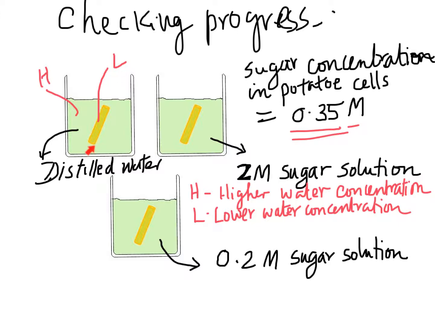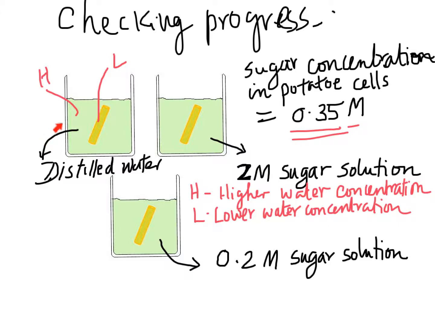Now it's easy to predict what will happen. Water has to move, or will move, from an area of higher concentration to an area of lower concentration. So it will move inside the cells. The effect of that is, after a while, say an hour or two, if you weigh the mass of the potato cylinder that you cut, it will weigh higher than at the start.